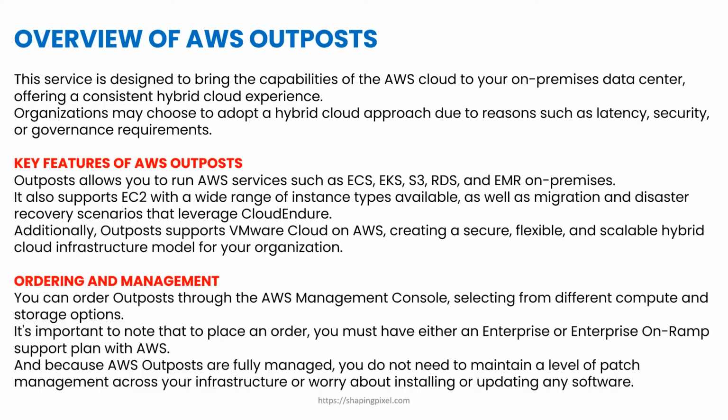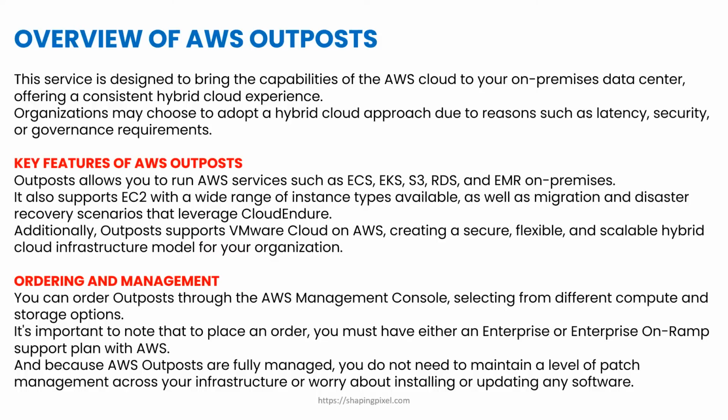So AWS Outposts. This service is designed to bring the capabilities of the AWS cloud to your on-premises data center, offering a consistent hybrid cloud experience. Organizations may choose to adopt a hybrid cloud approach due to reasons such as latency, security, and governance requirements. Outposts allow you to run AWS services such as ECS, EKS, S3, RDS, and EMR on premises.